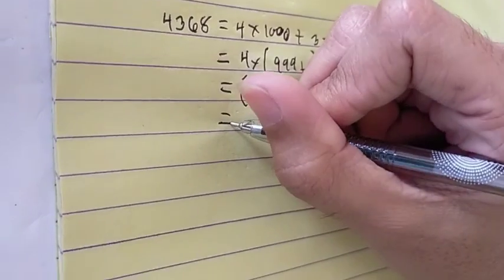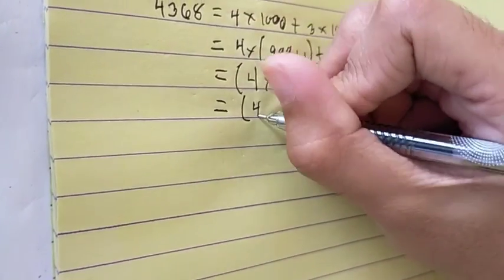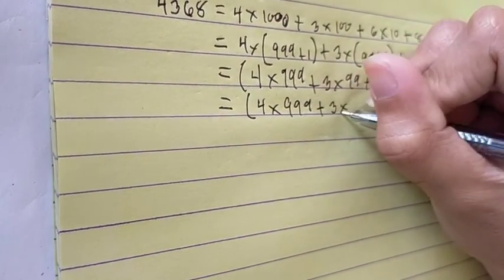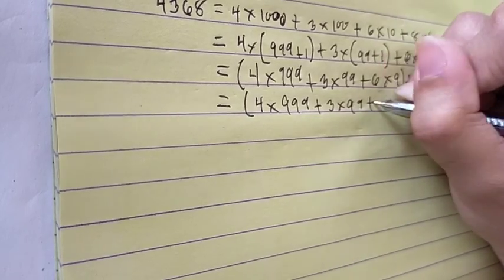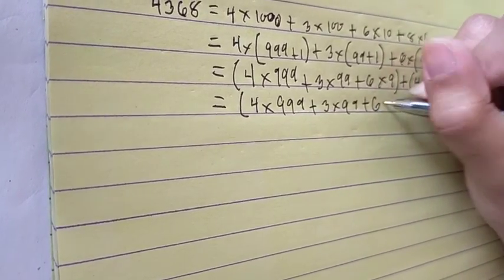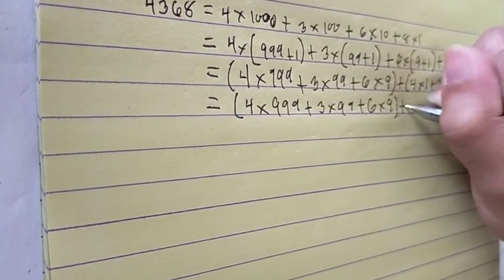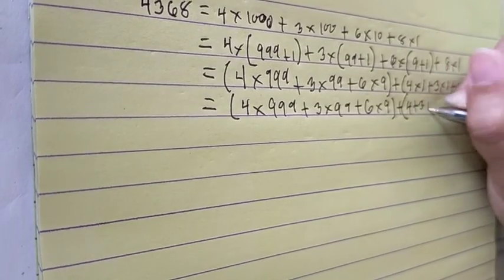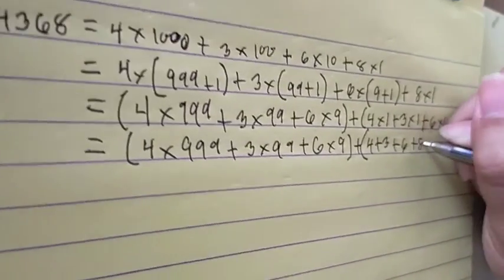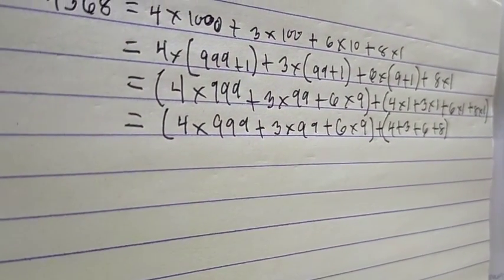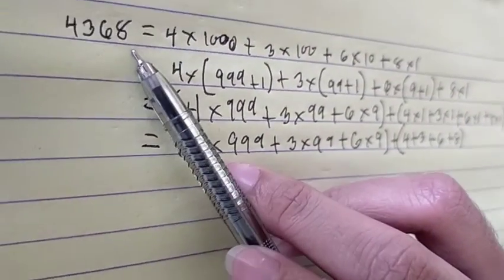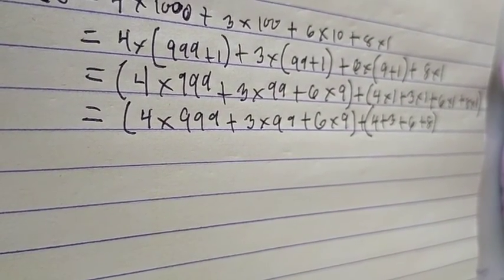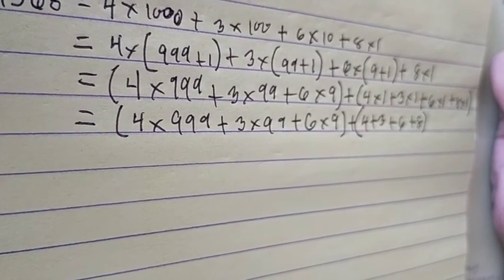Then the quantity 4 times 999 plus 3 times 99 plus 6 times 9, plus the quantity 4 plus 3 plus 6 plus 8. Then we will get the sum of the digits of 4368. We know that 999 is divisible by 3, and thus the multiples of these numbers are also divisible by 3.